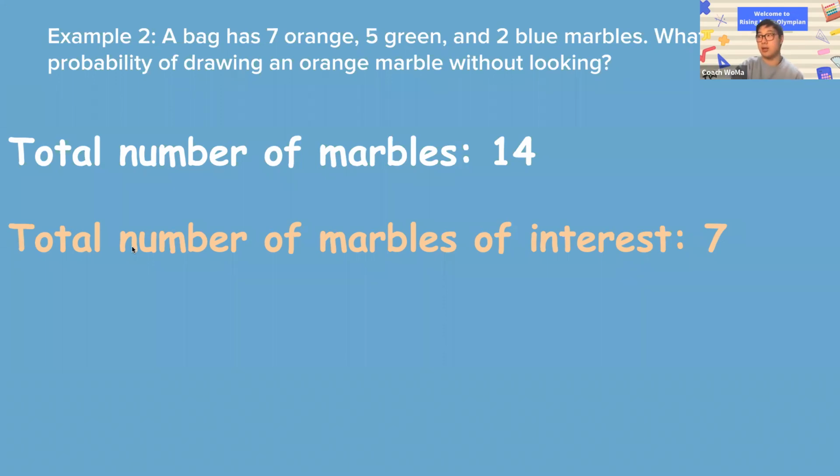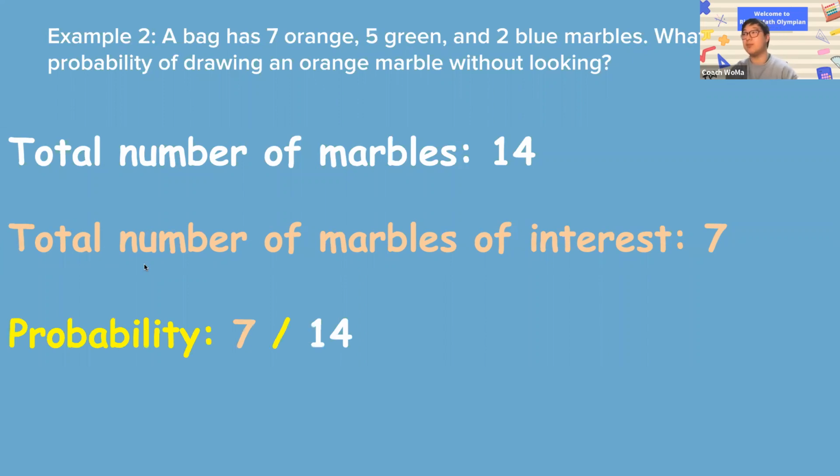So because of that, the probability would be 7 over 14, because there's 7 choices of orange out of the 14. So that's what probability means. And if you simplify this, you get 1/2 or 50%.